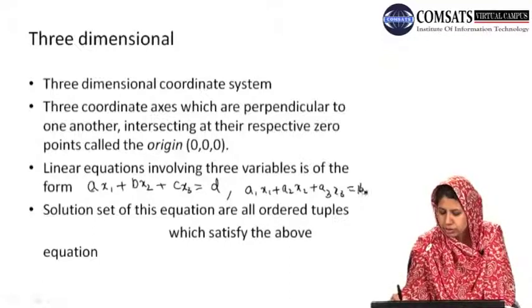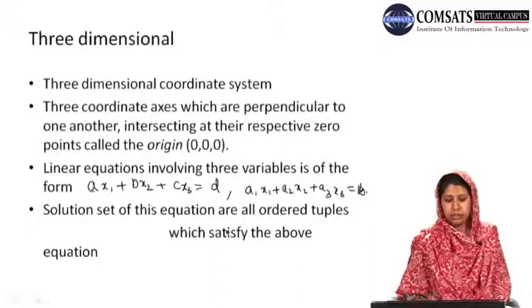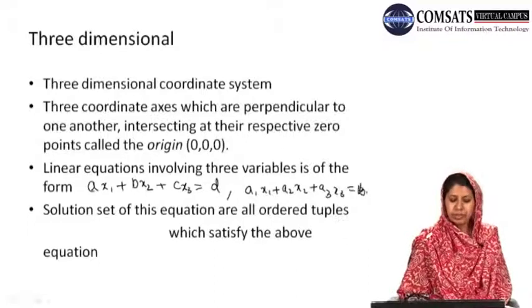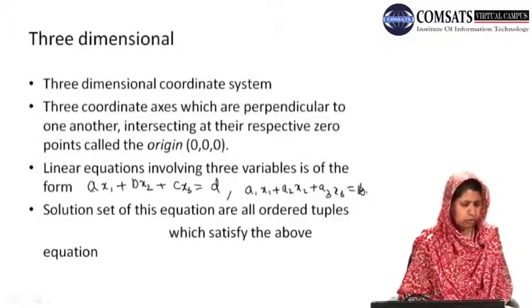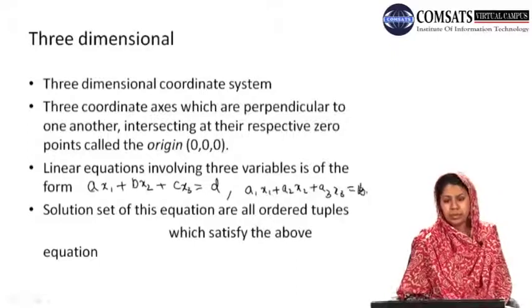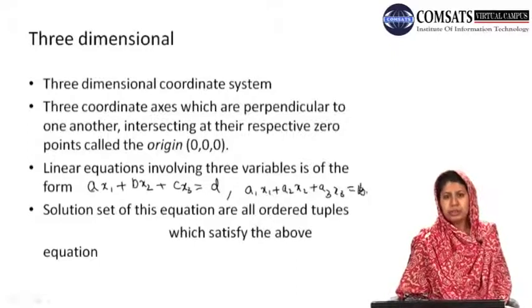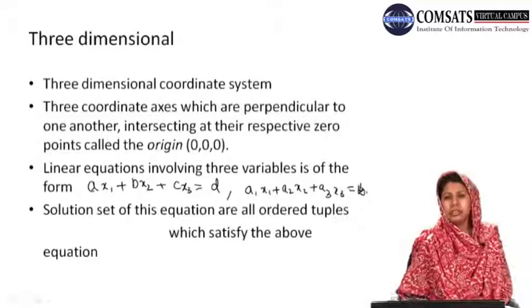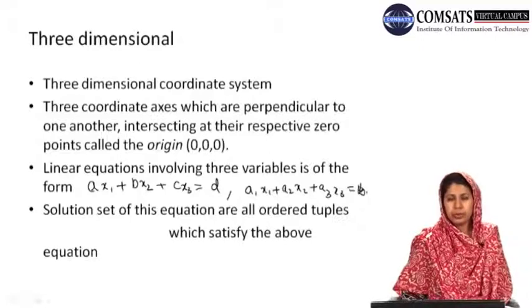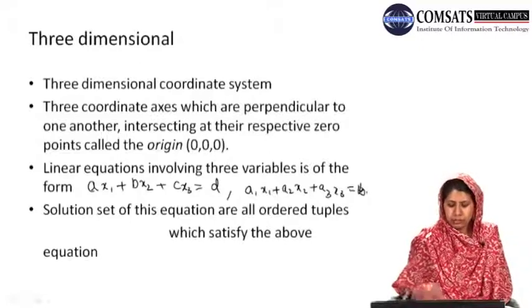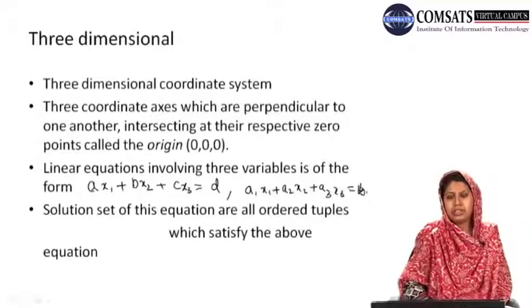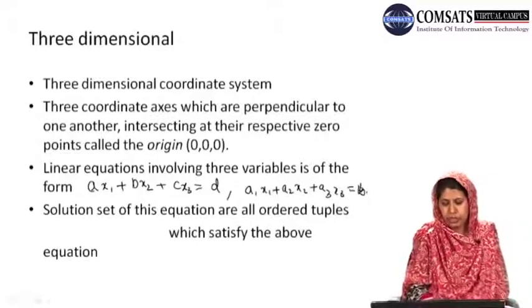So this is a linear equation in three variables x1, x2 and x3. And as for the case of two variables, we were mainly interested in the solution set of a linear equation in two variables, so we are also interested in the solution set of this equation.